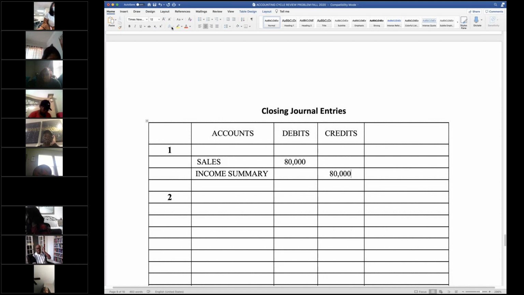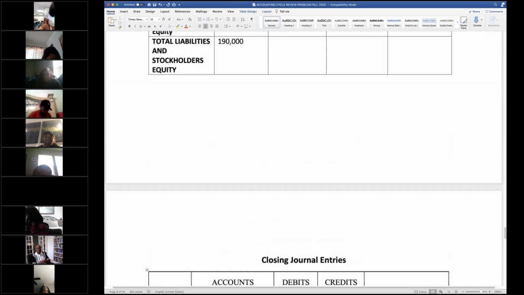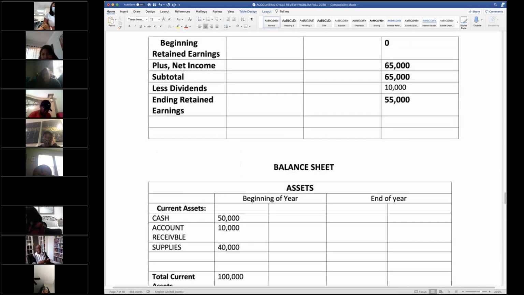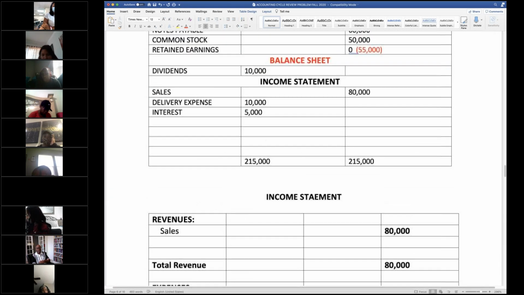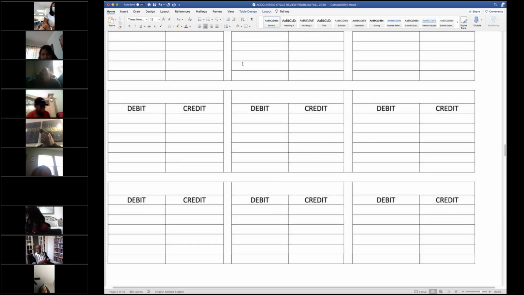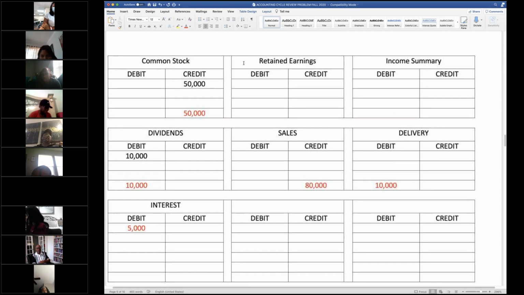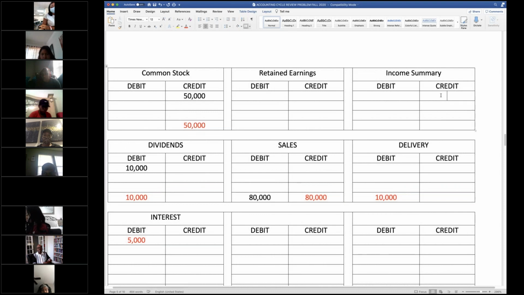Because this is a journal entry, I got to post it. So I got to go back up here to these T accounts. 45,060. Now debit the sales for $80,000. I credit the income summary for $80,000.